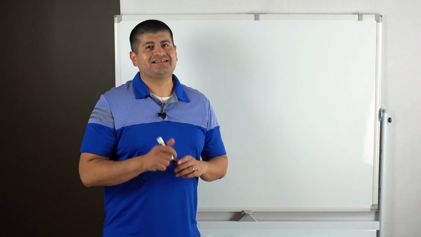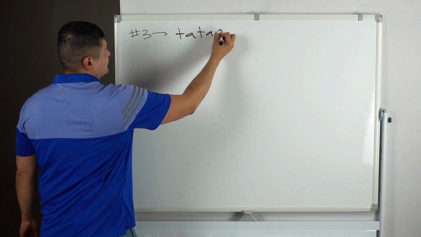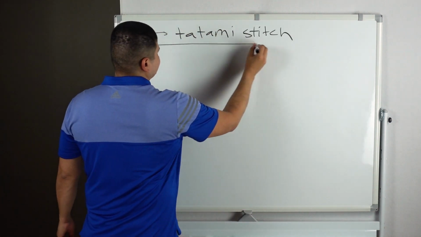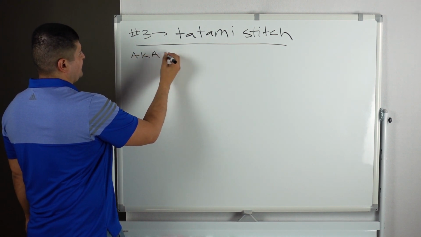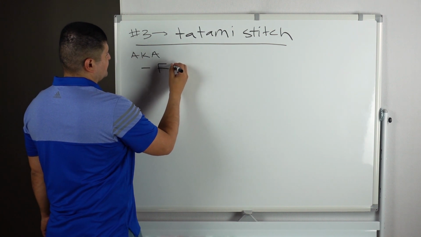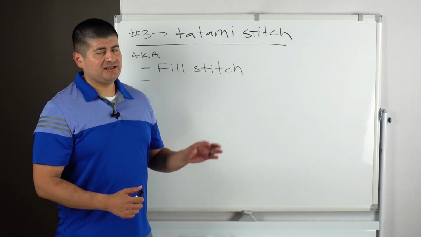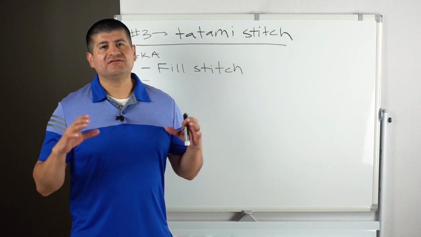Let's talk about stitch number 3, which is our tatami stitch, also known as, of course, they always have AKAs, our fill stitch. The reason why this stitch is so important is because now we want to cover space.